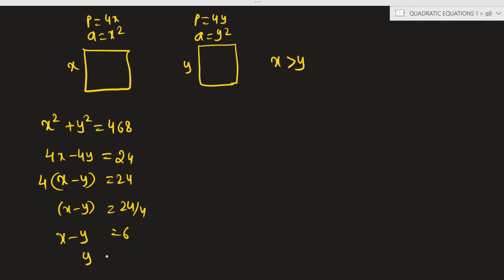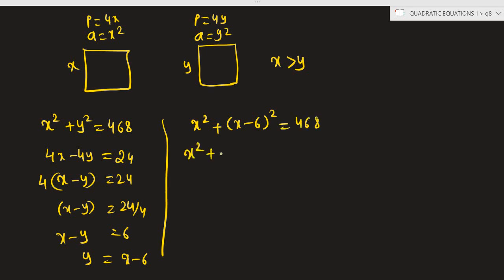Therefore, y is equal to x minus 6, taking y to the right-hand side. Substitute the y value in this equation: x square plus (x minus 6) whole square is equal to 468. Simplify using the (a minus b) whole square formula, a square plus b square minus 2ab.